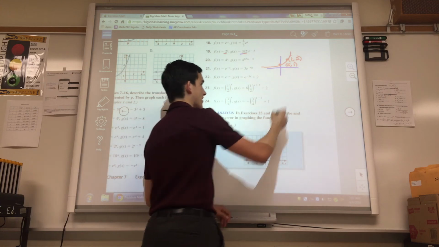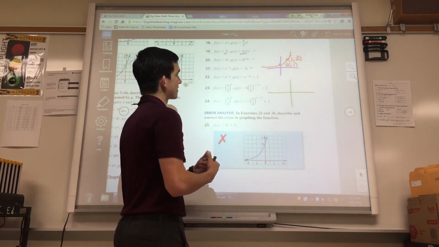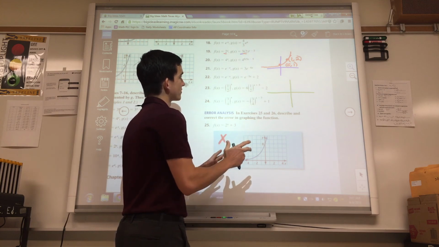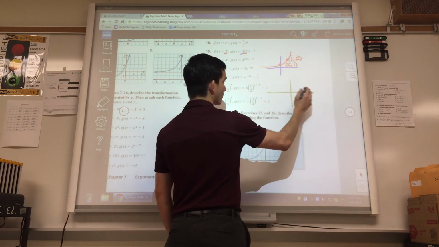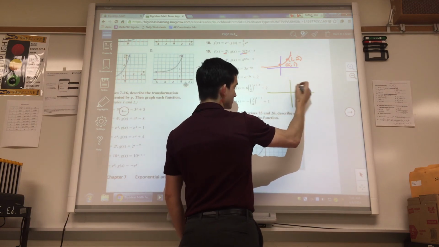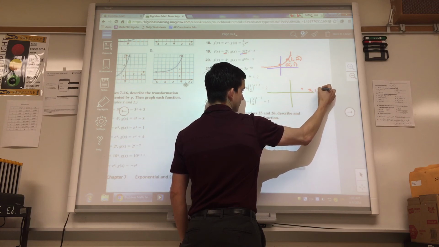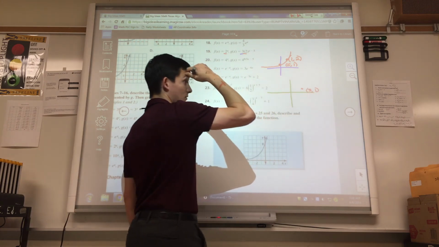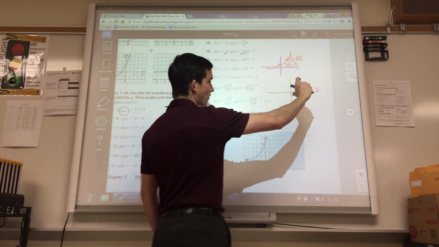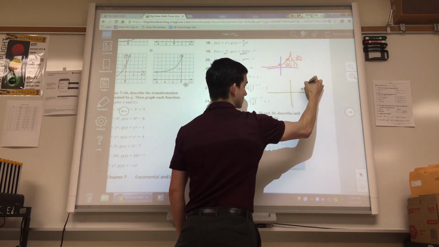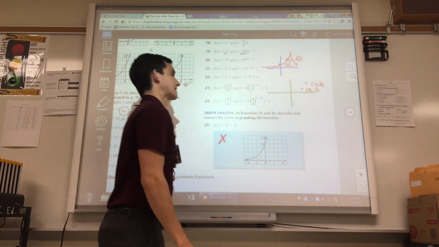All right, so my new graph would be stretched by a factor of 3 and also shifted right 3. So let's go ahead and go right 3 first. So instead of going through 0, 1, it's going through 3, 1. And instead of going through 1, 2, it's going through the point 4, 2. Like that.